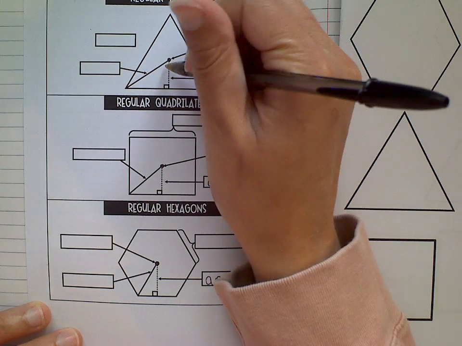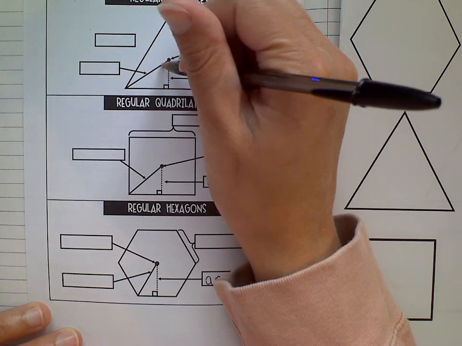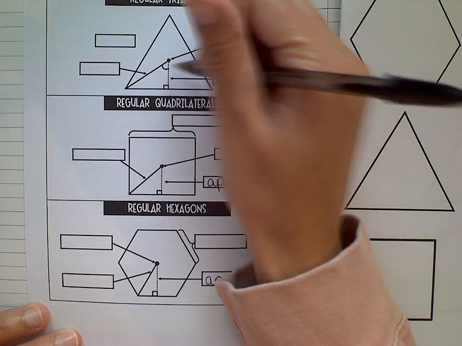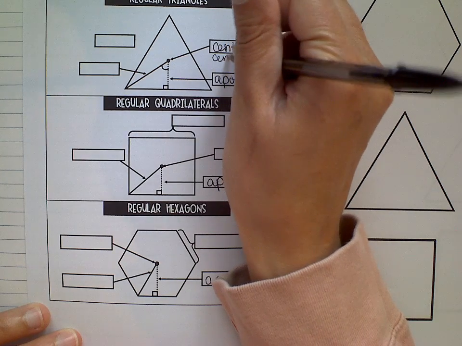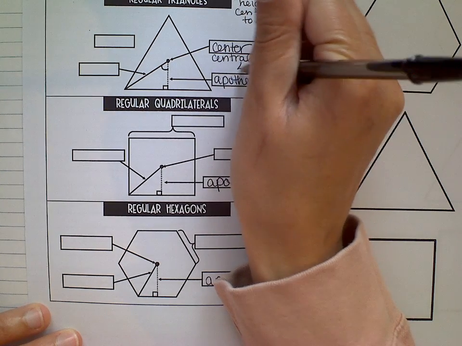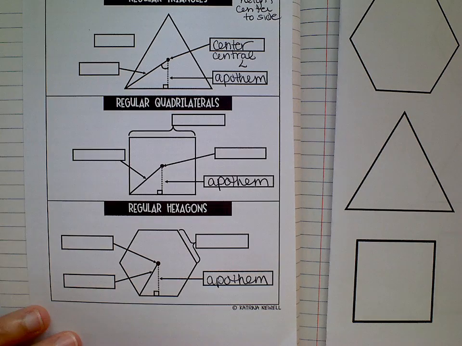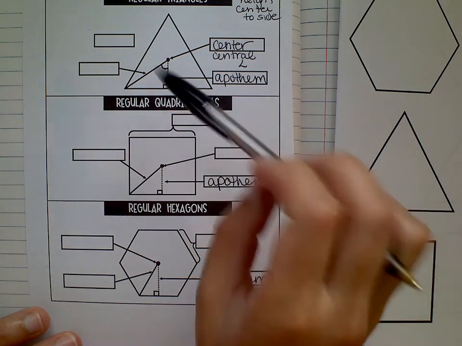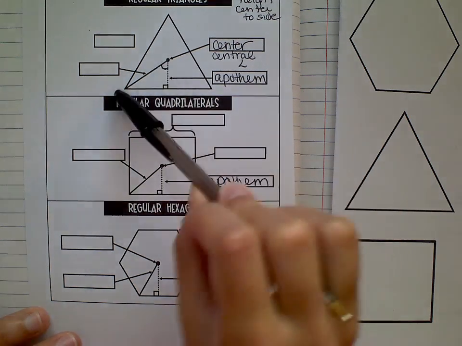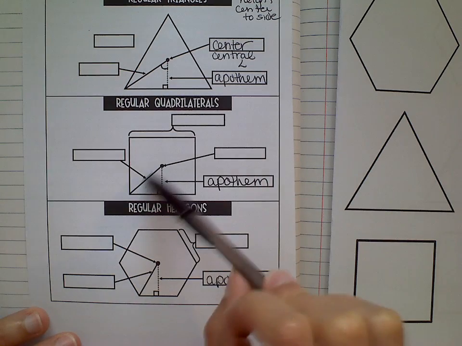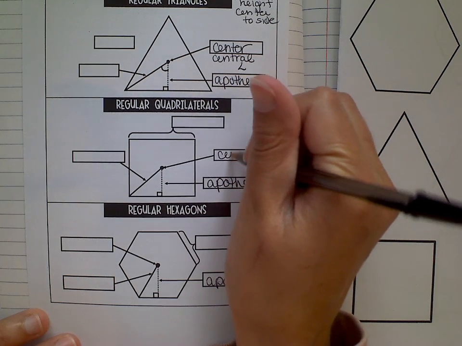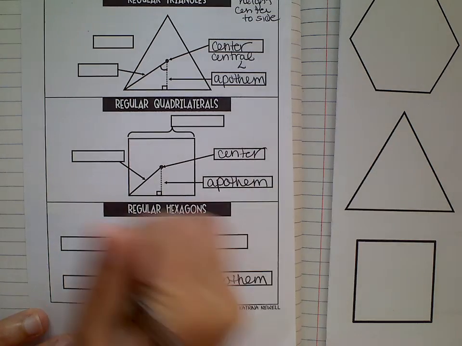Now usually what we use the center for is not the point itself, but usually we want this angle right here, so we kind of want our central angle, which we have a little formula for that, which we'll get to. This right here, on all these shapes, oh, here we got a central angle.